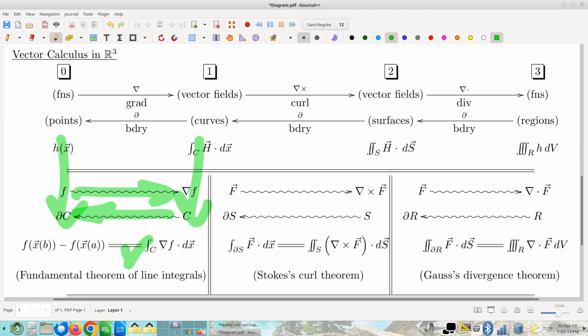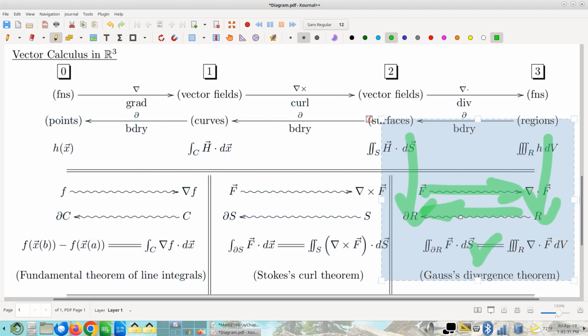As we've already discussed, this pattern holds even for theorems that are geometrically entirely different and disconnected from this theorem itself. We saw that with Green's theorem, and now that we've got Gauss's divergence theorem, we can make that observation here. Exact same pattern.